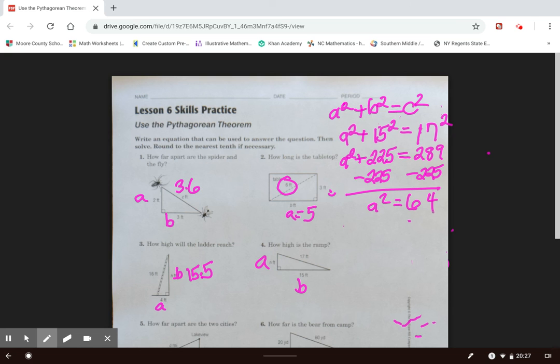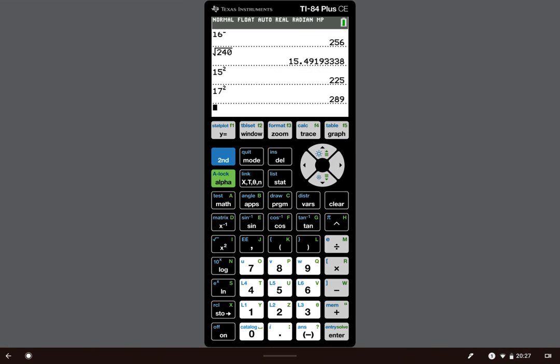So then I take the square root of both sides, because that way I can isolate that a by itself. And the square root of 64 is, if you remember what 8 times 8 is, or what number multiplied by itself equals 64, the square root of 64 is 8.